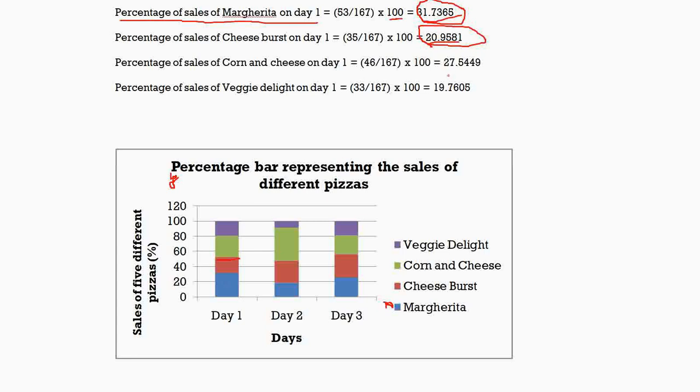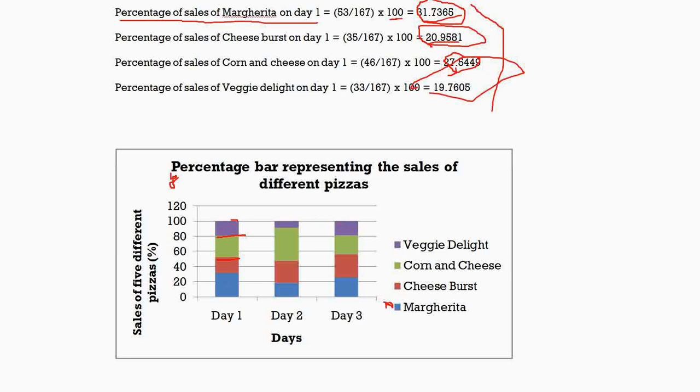Then we add 27.549 to this total and we mark it here. And finally, we add the last one to get it to 100. Always make sure after converting all of these, just add these four together to find out if they are equal to 100. The similar pattern applies, and day 2 and day 3 are also drawn.